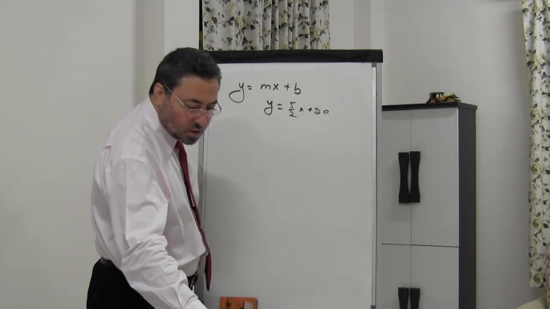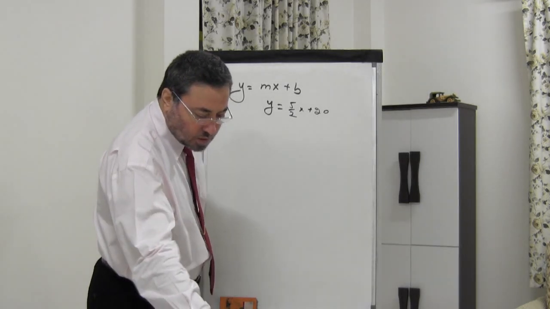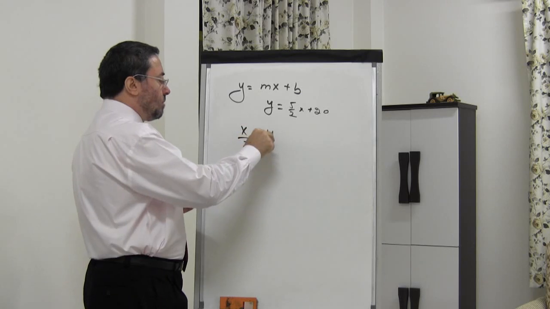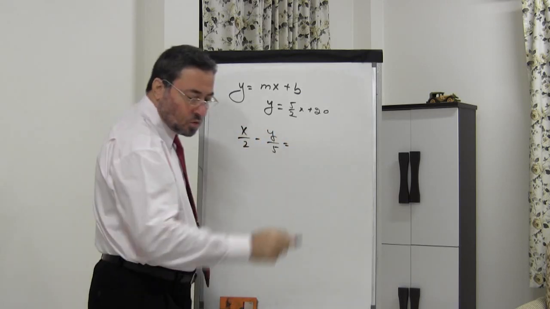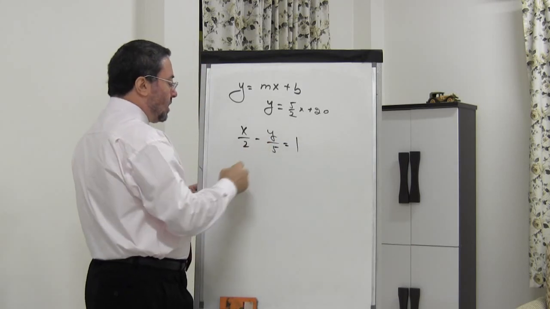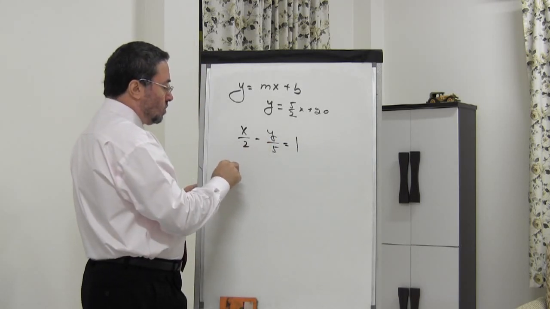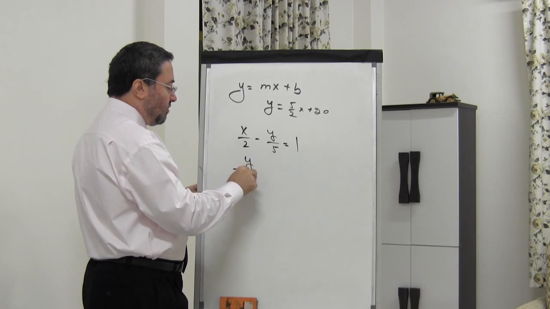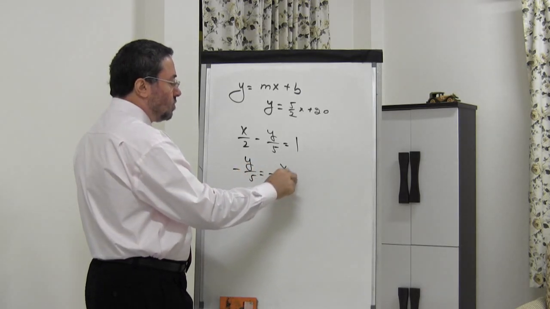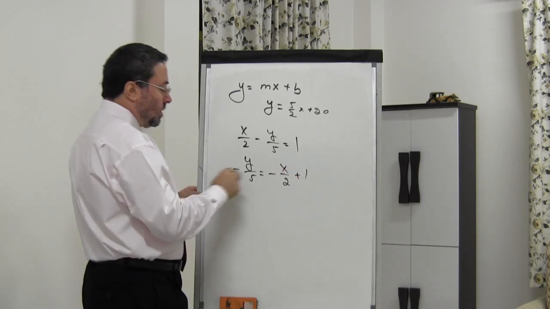Now the second equation is x over 2 minus y over 5 equals 1. We take the x to the other side, so minus y over 5 equals minus x over 2 plus 1.